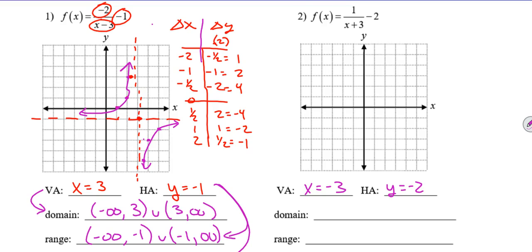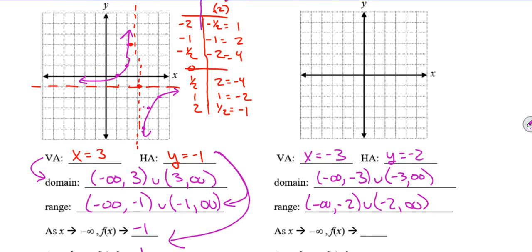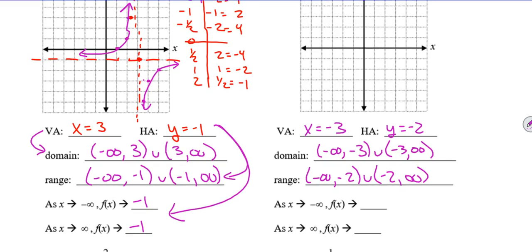I should be able to tell you my domain is negative infinity to -3, union -3 to infinity. My range is negative infinity to -2, union -2 to infinity. And then you should also be able to tell me the end behavior, which is -2, -2. All right, you should be able to do all of that just from the equation.